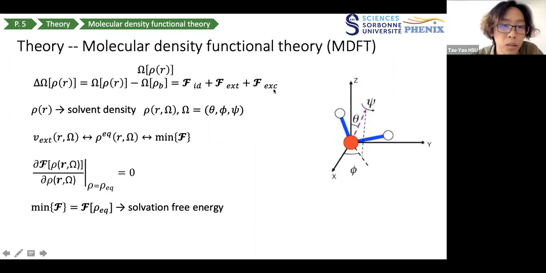In MDFT, we also have this one-to-one relationship between the external potential generated by the solute and the equilibrium solvent density and minimized free energy functional. So we can obtain the minimized free energy functional at equilibrium solvent configuration by minimizing the free energy functional with respect to solvent density. And the minimized free energy functional is exactly the solvation free energy.